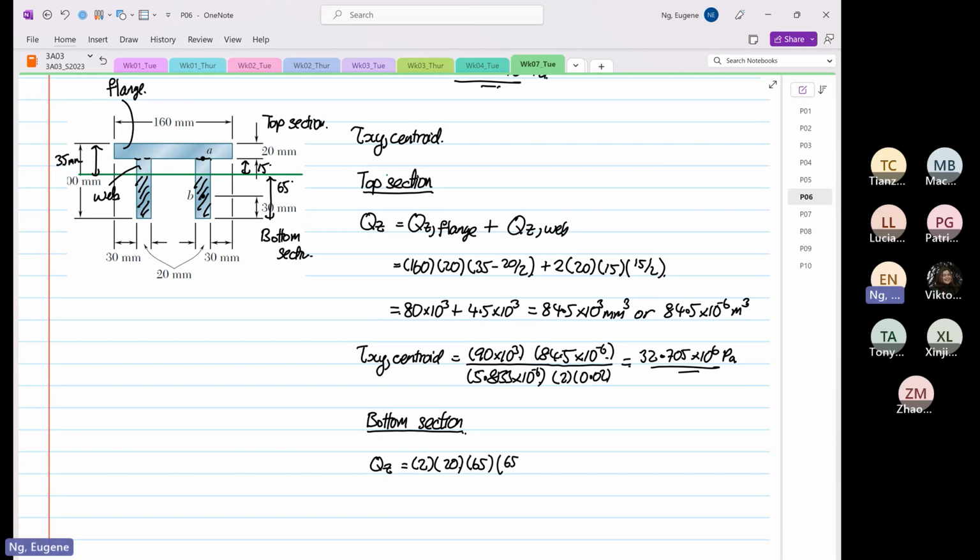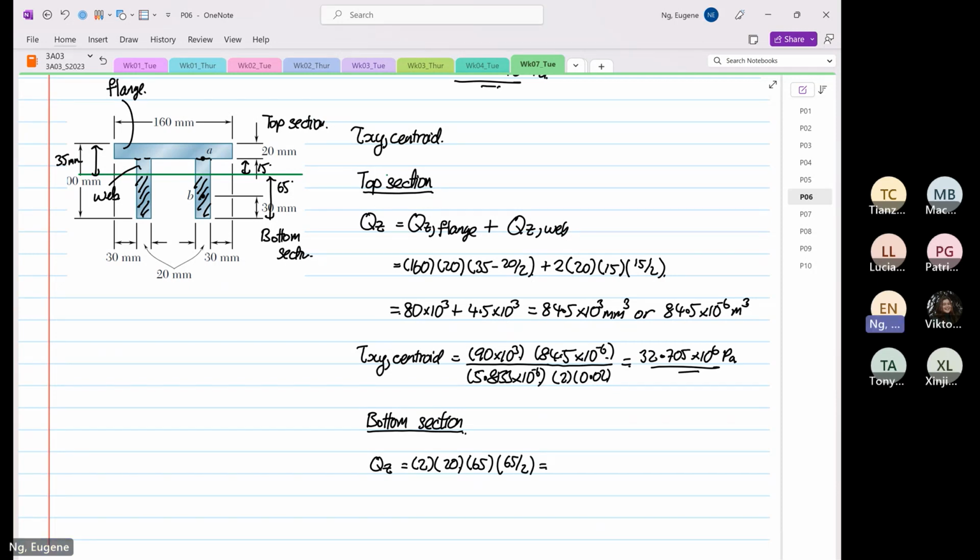The Y bar is 65 divided by 2. So 65 times 65 divided by 2 times 20 is equal to 84.5 times 10 to the power 3 millimeter cube, or 84.5 times 10 to the power minus 6 meter cube.